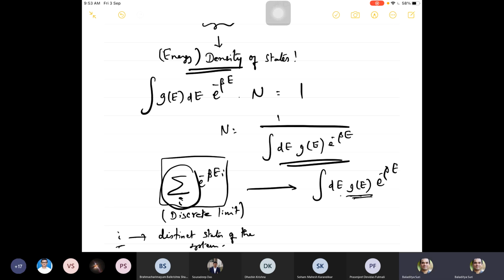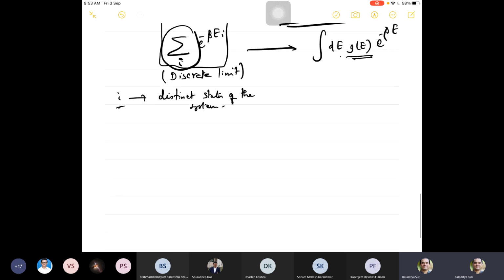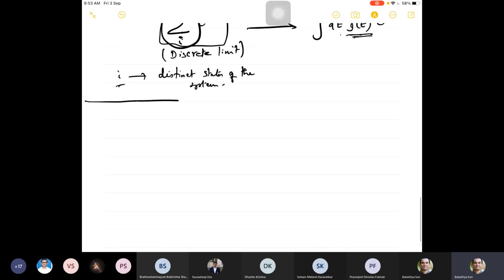This is a very common mistake that students make in the initial days. They forget this G of E factor. Okay. And this G of E has very, very important consequences, some of which we will discuss later in the course. All right. So this is about the density of states.